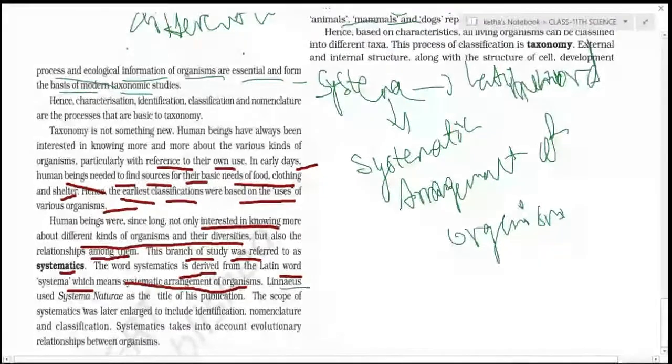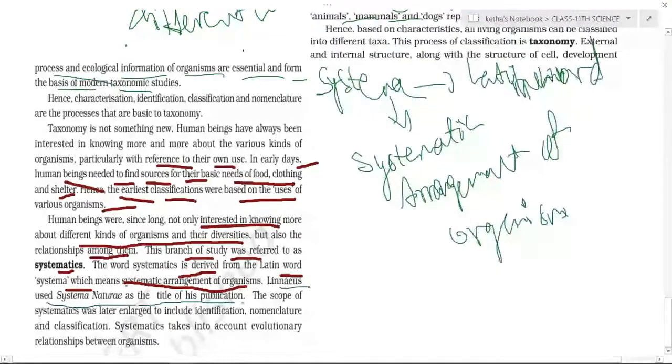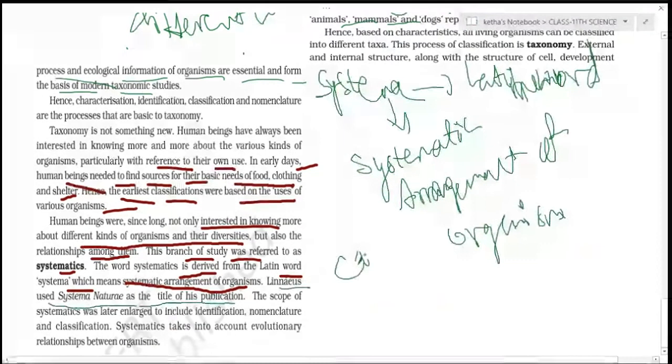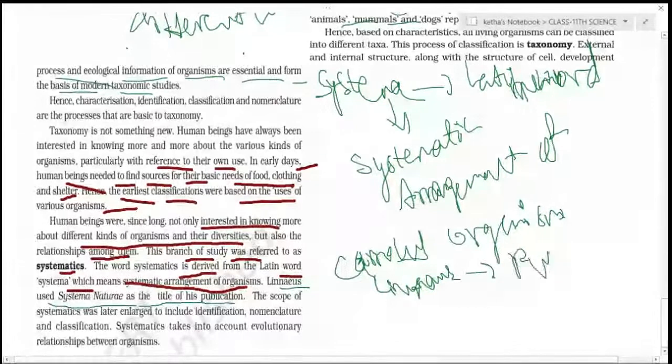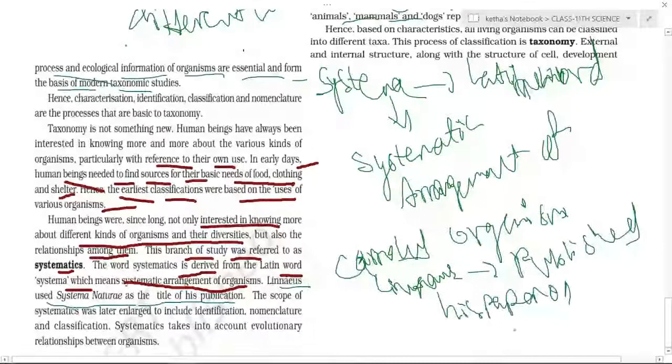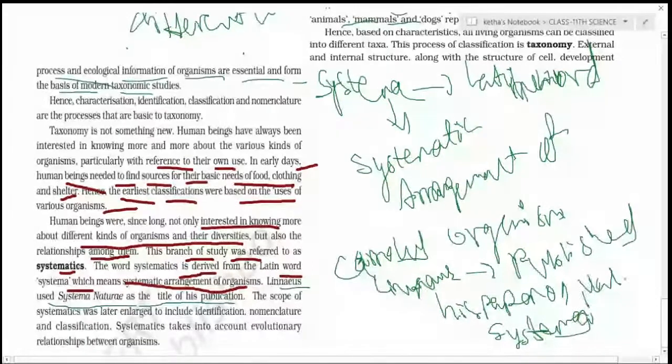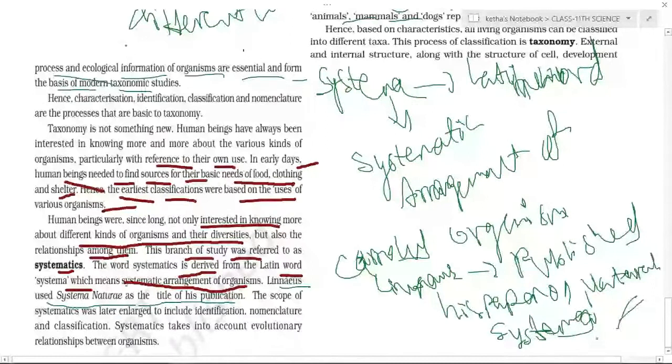Linnaeus used Systema Naturae as the title of his publications. So Carolus Linnaeus, the scientist, published his paper with the title Systema Naturae.